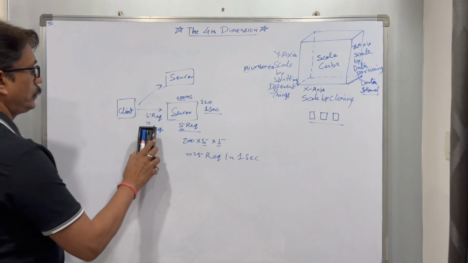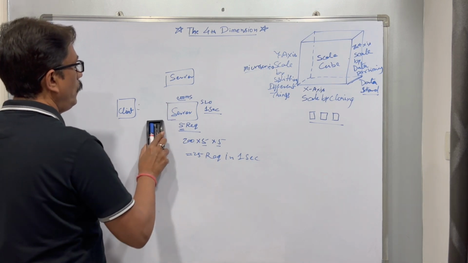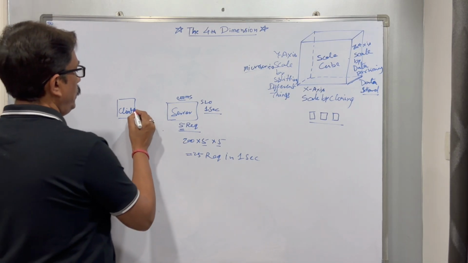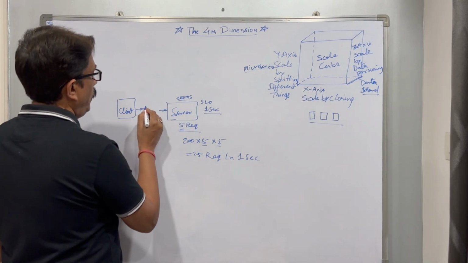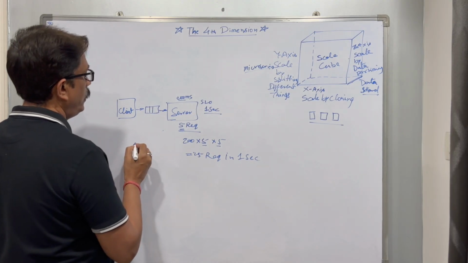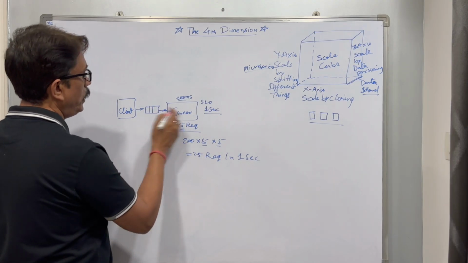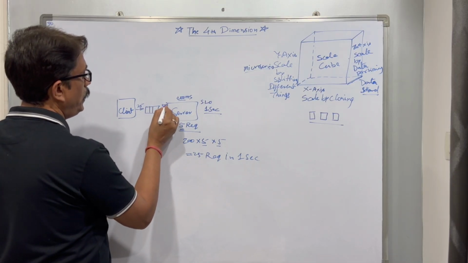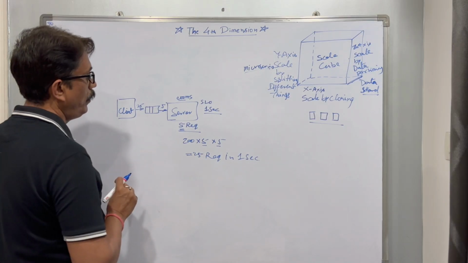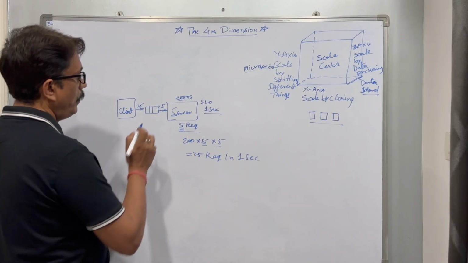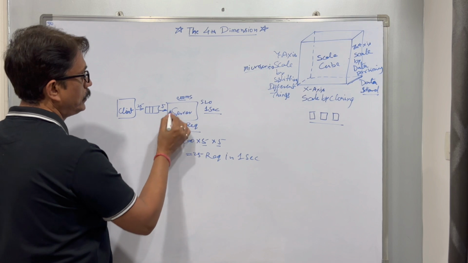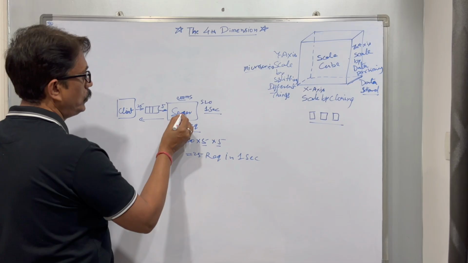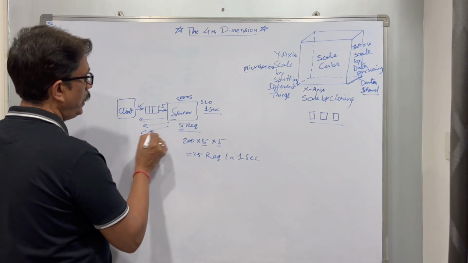But here is the catch. What can we do in place of adding a new server? If we have something in between which can hold the requests and release them based on server capacity, like from here 25 requests come, and at a time we are releasing only 5 requests to the server. Then in 200 milliseconds this server will process 5 requests and return, and then the next 5 requests will also be processed and returned, like that.